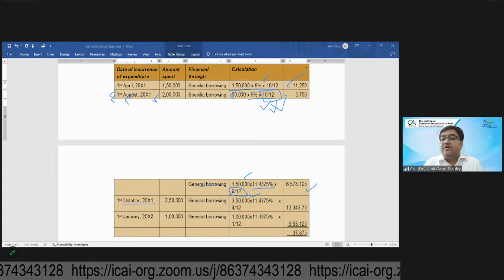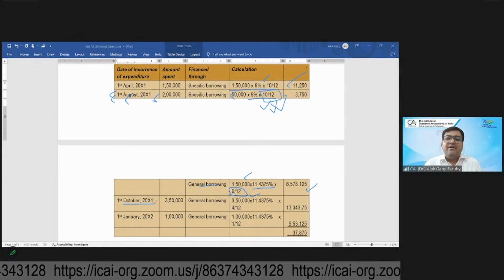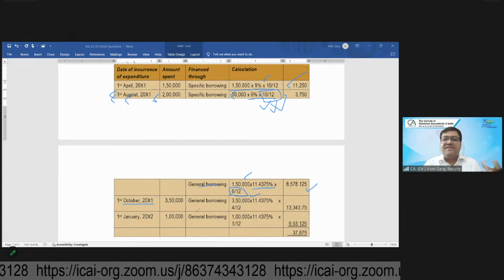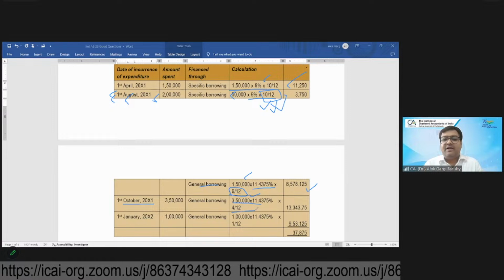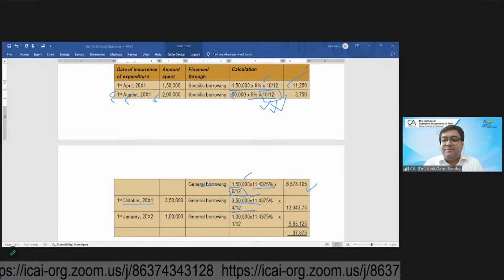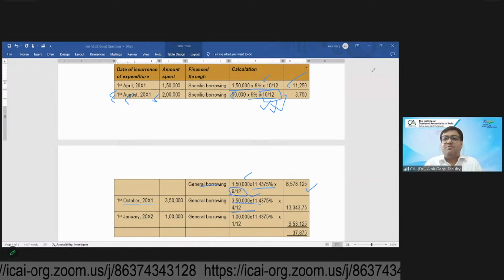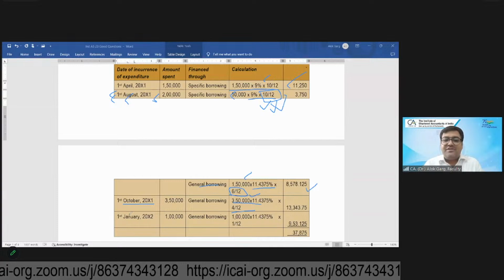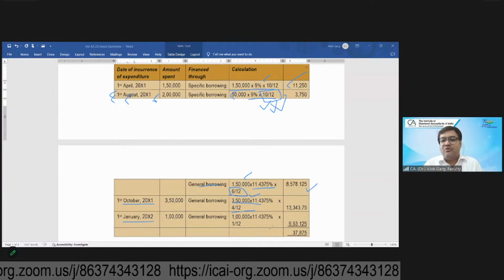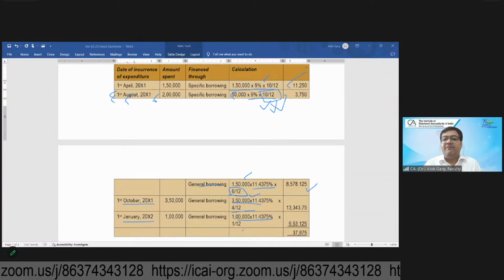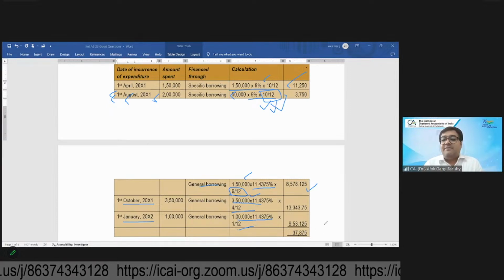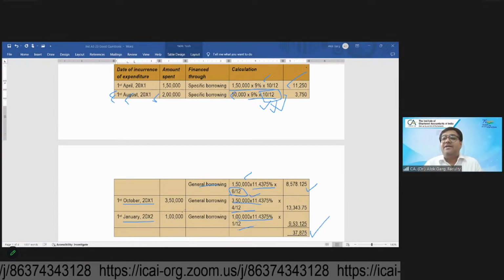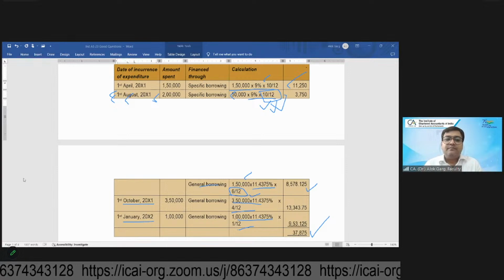For the expense which we have incurred, we have taken the funds from the pool of the general borrowings, 3.5 lakh multiply by 11.44% multiply by 4 by 12. The period in which we have used these borrowings. On 1st January 20x2, it is only for 1 month, 1 lakh multiply by 11.44%, multiply by 1 by 12, right? And it is coming out at 37,875.